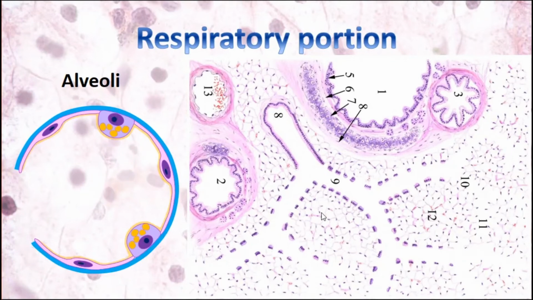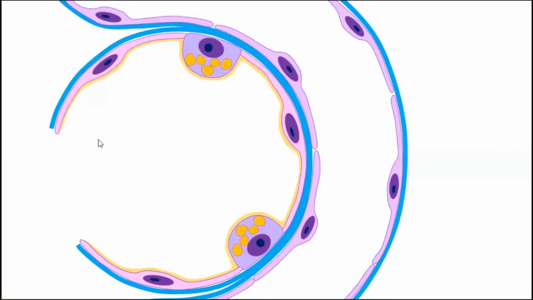And here we can see numerous alveoli in this region, in the respiratory portion, the lung tissue. It has a sponge-like structure. And there are numerous alveoli which provide gas exchange between air and blood. Here we can see an alveolus, and a capillary, and blood is circulating in the capillaries.